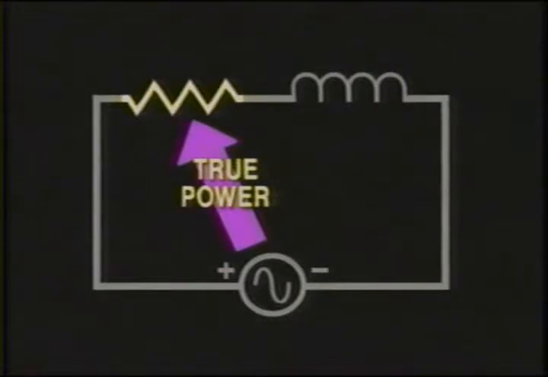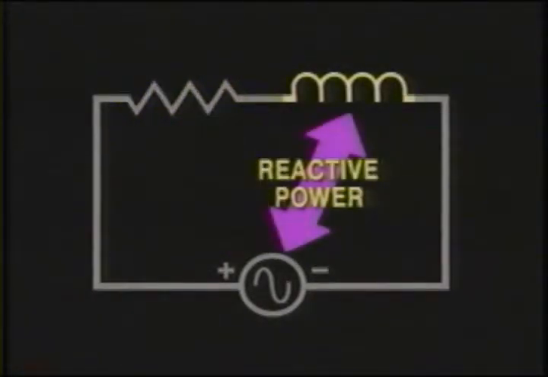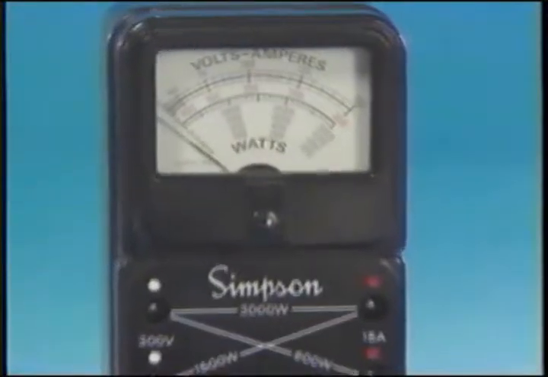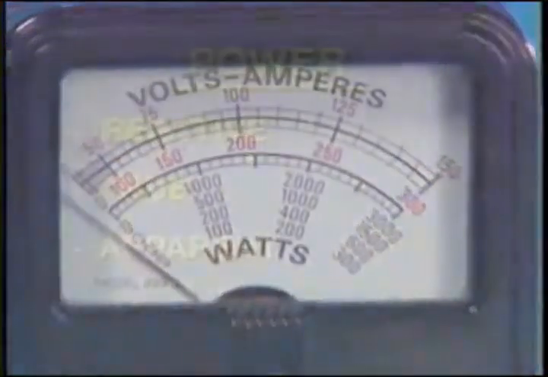Ideally, in terms of performing useful work, all of the power transferred to the load should be true power and none of it reactive power. But from a practical standpoint, many AC loads contain both resistive and reactive elements. True power calculations take both of these elements into account, and so are somewhat more complex than simple resistive power calculations. A wattmeter can be used to measure true power.